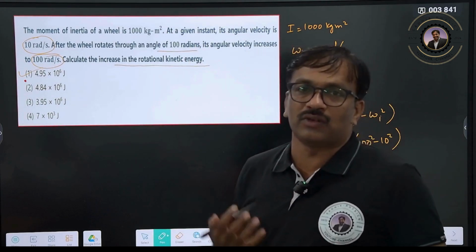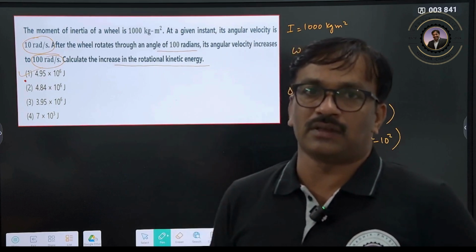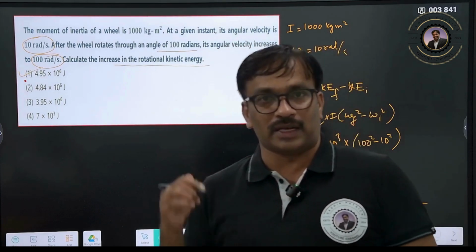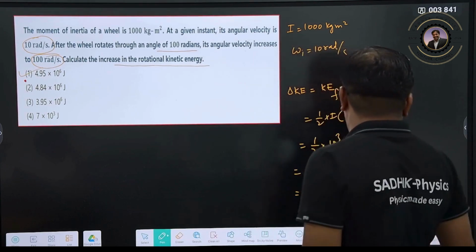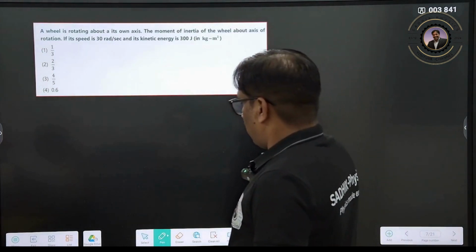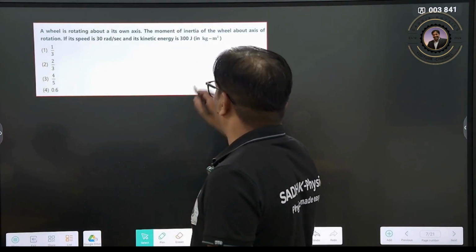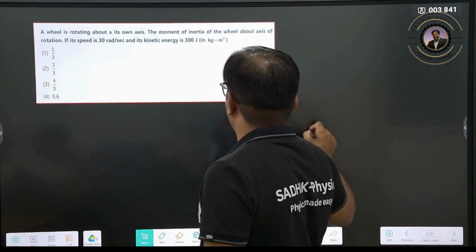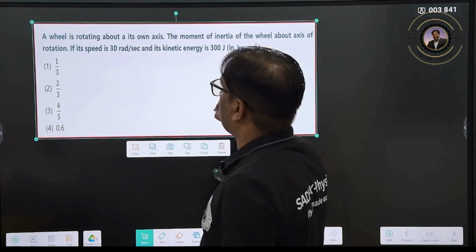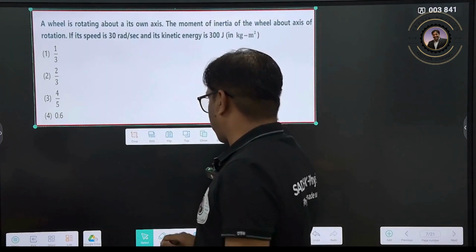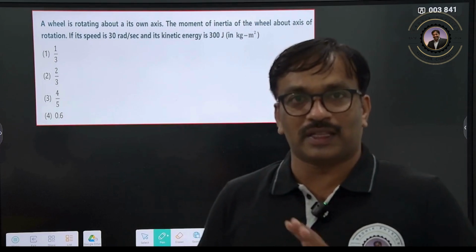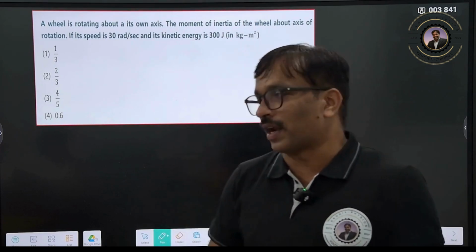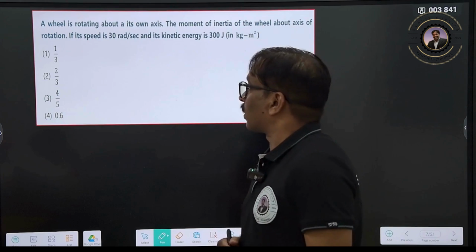All these things you can calculate just by rotational kinematics equations. From one problem, you have to think of more problems, more like paragraph type questions. In the given parameters only, you try to calculate different things.